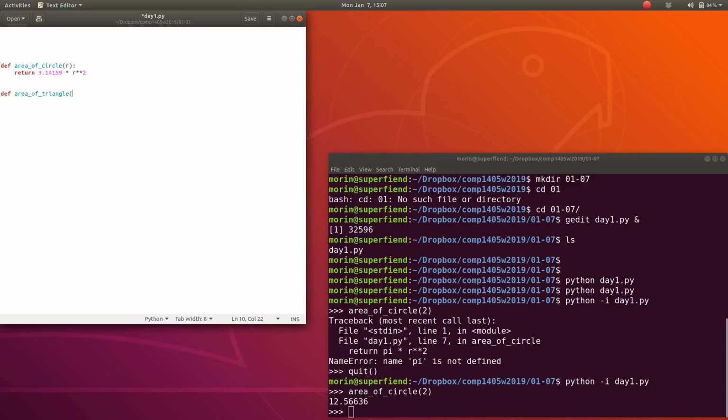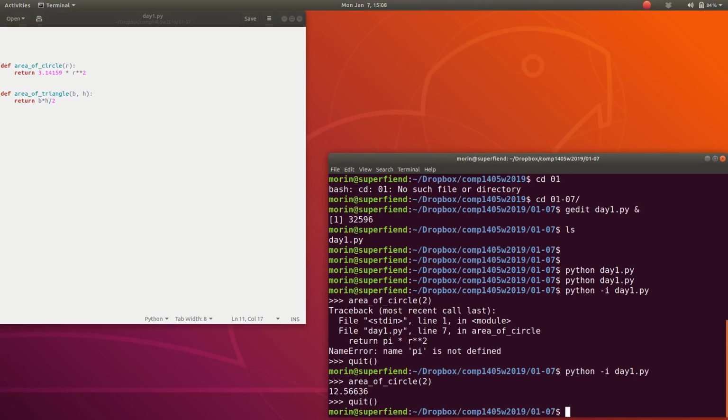So that suggests that, well, if we're going to want to use that formula, we'd better take 2 parameters. One can be the base, the other can be the height. And I will return the base times the height divided by 2. Look good? Yep.